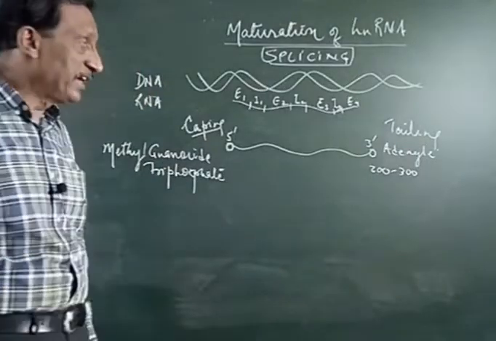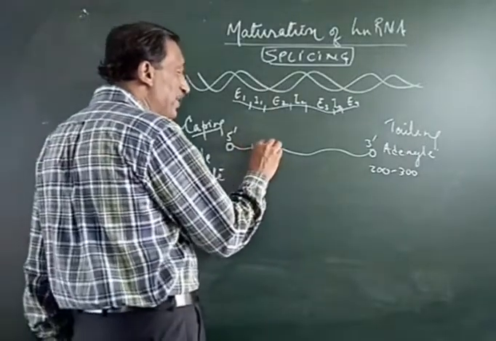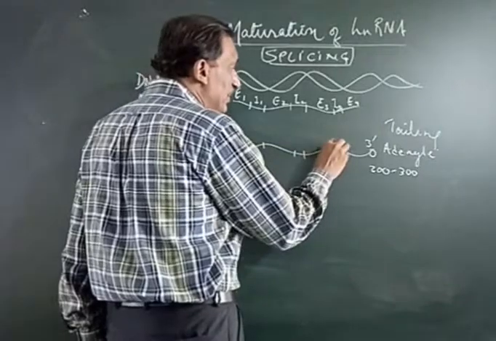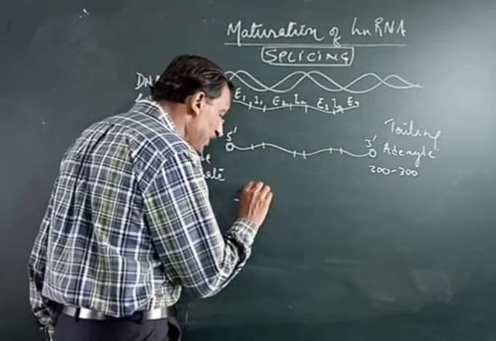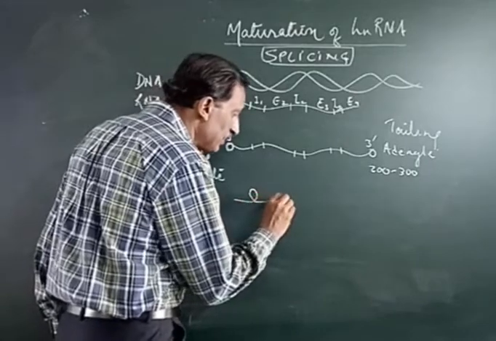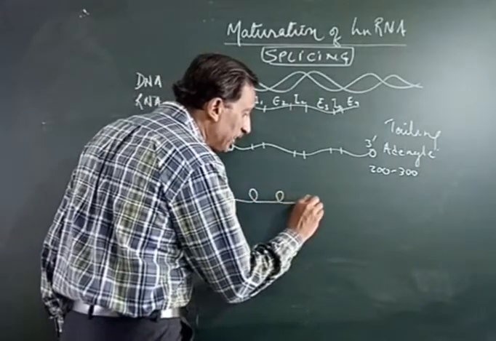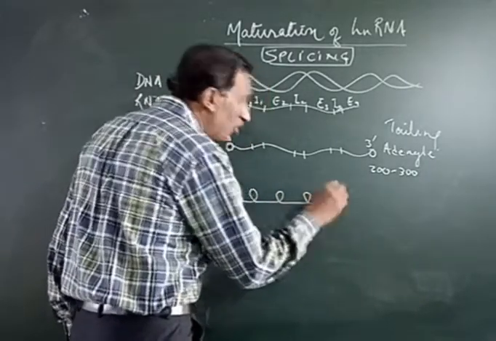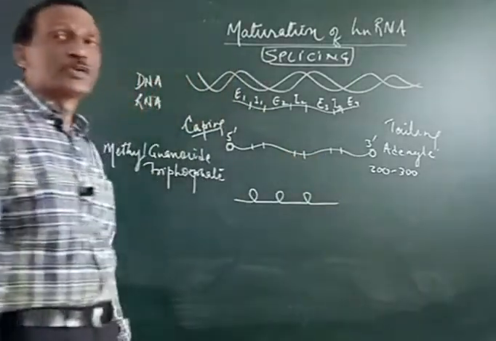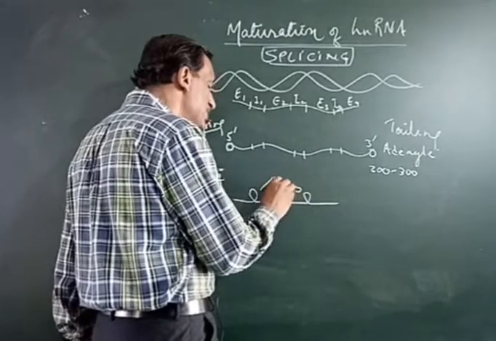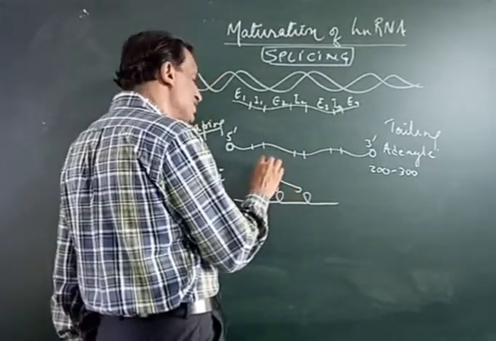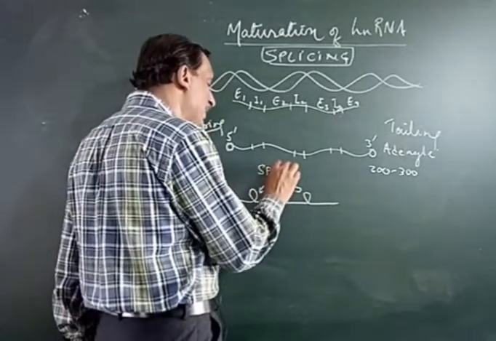And no sooner do they attach to these segments, a special type of molecules will come and attach, and they will make loops of the segments which are to be removed. And these loops are called splices, S-P-L-I.